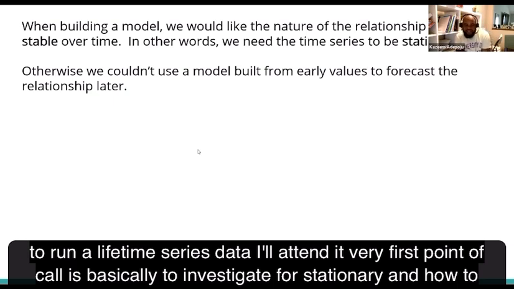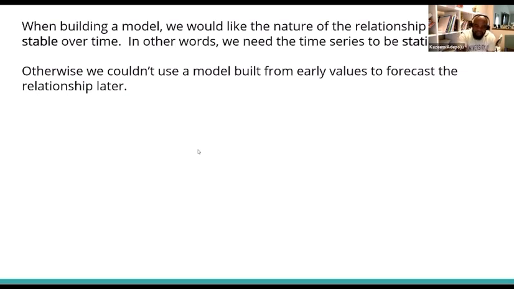To do that, you can generate a time series plot to see the behavior of the series over time.